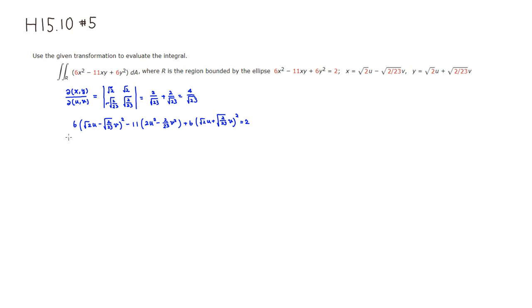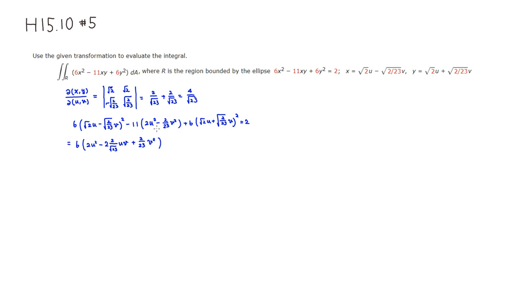So let's multiply this out. We're going to get 6, and then this square is going to be 2u squared, minus 2 times 2 over square root of 23 uv, plus 2 over 23 v squared.